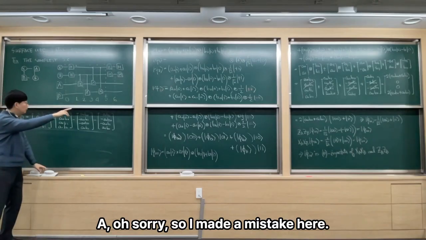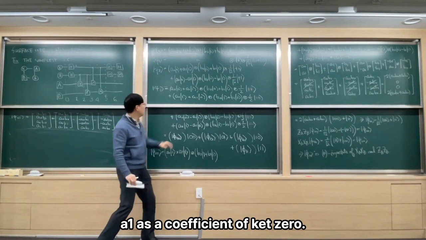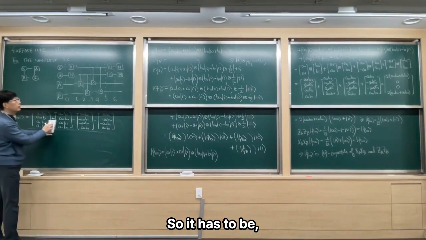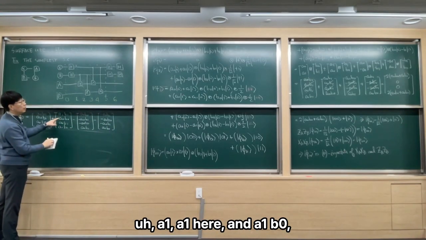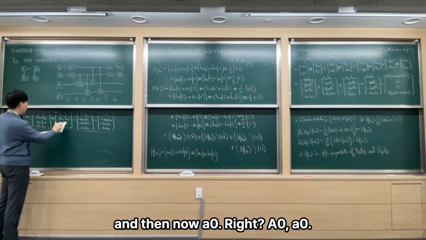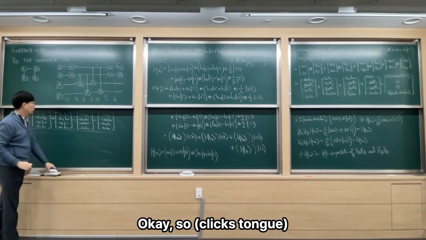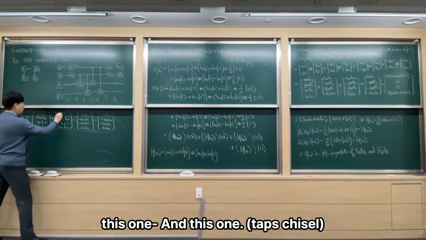Sorry, I made a mistake here. We have A1 as a coefficient of cat 0, so it has to be A1 here, A1 B0, and then now A0. So in the first one, this one and this one cancel out.